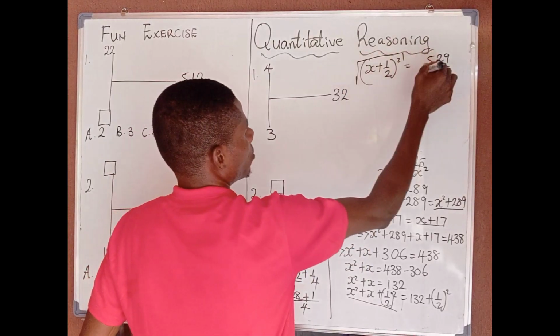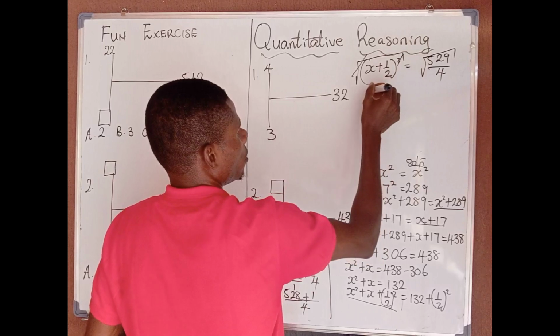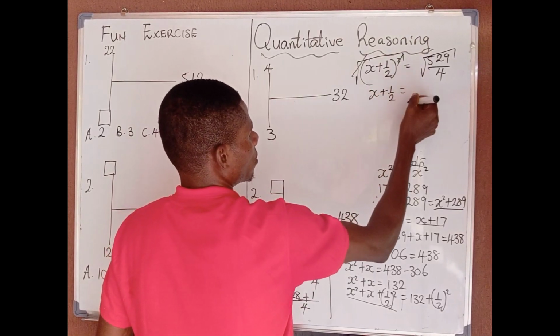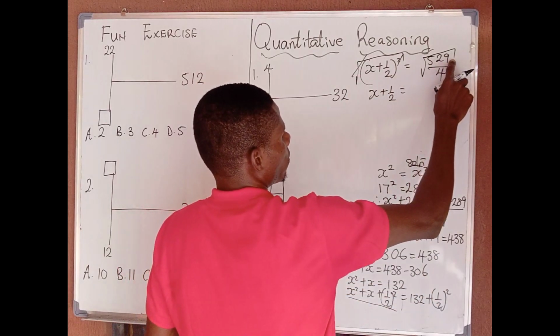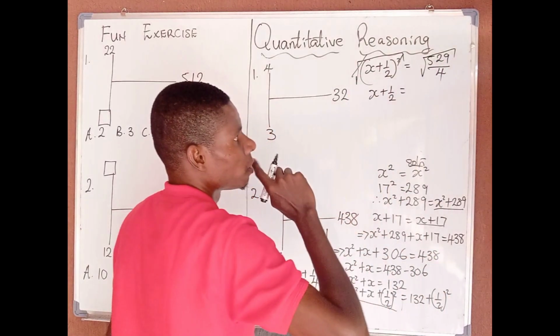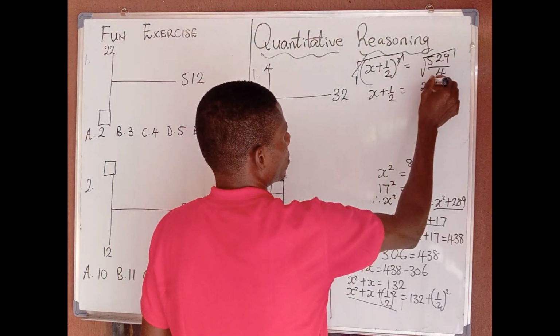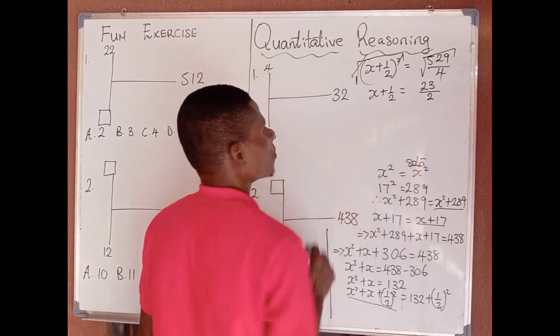So this square root will cancel the square. x plus half will then come out. This is equals to what is square root of 529, 23, over square root of 4 is 2.